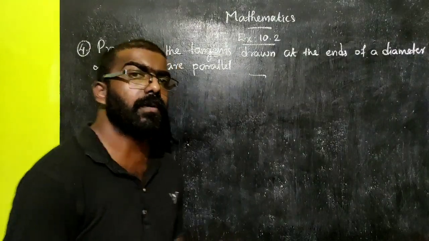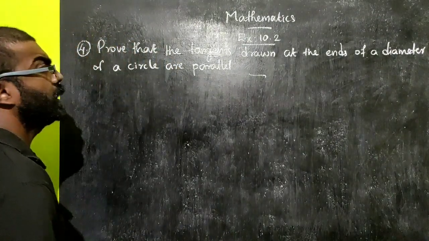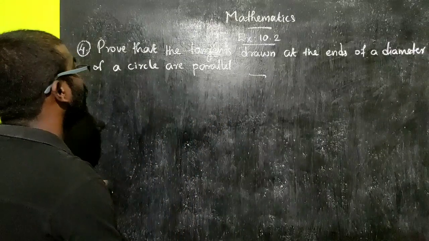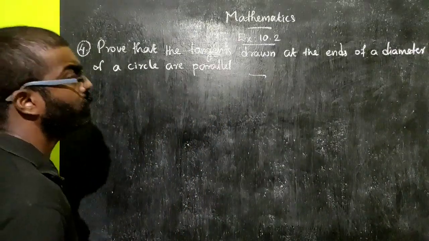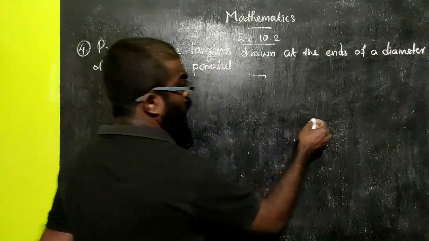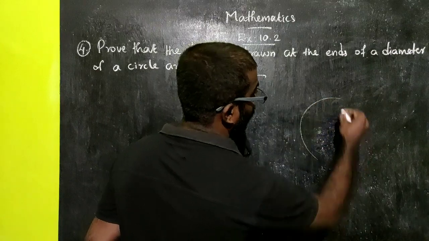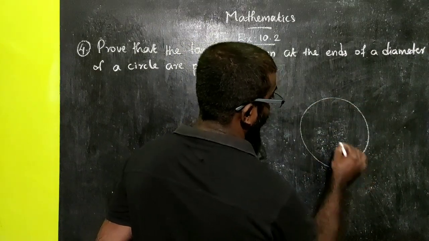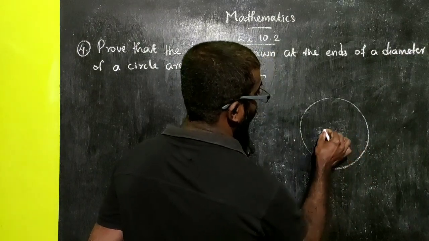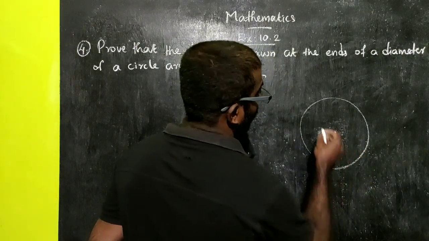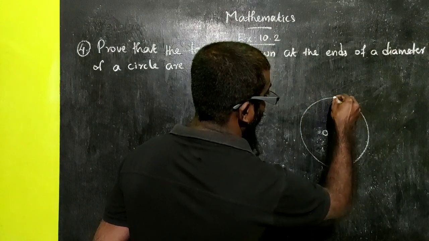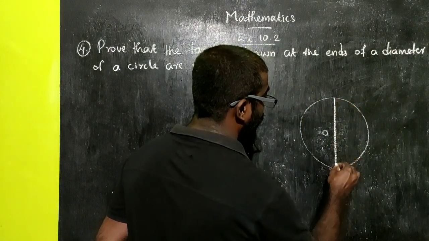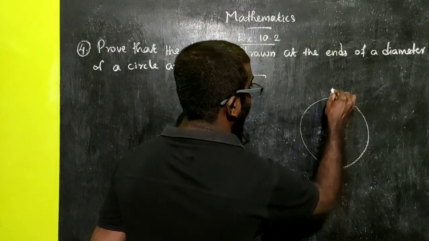Now we move on to question number 4. Prove that the tangents drawn at the ends of a diameter of a circle are parallel. We can consider one circle with the center O. Now we can draw a diameter as AB.